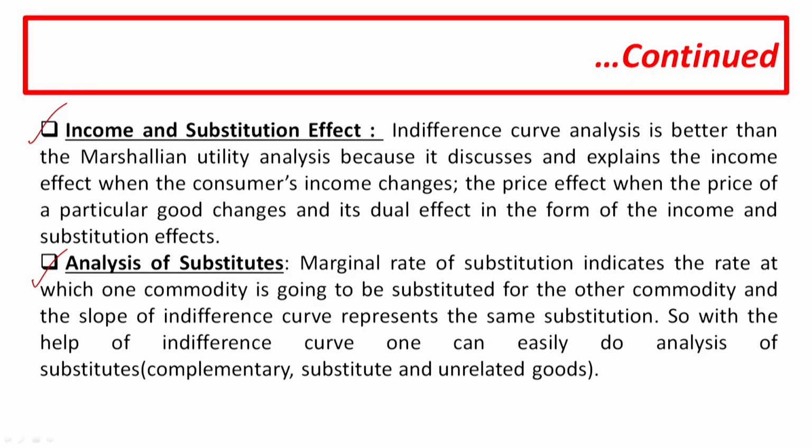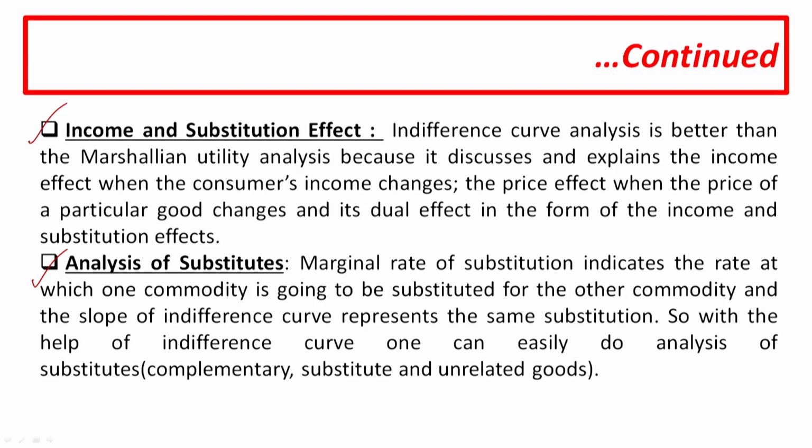Analysis of substitute. Marginal rate of substitution actually states the rate at which you are going to substitute one commodity with the other commodity. And the slope of the indifference curve itself denotes whether you are substituting at an increasing rate, decreasing rate, constant rate or zero rate.